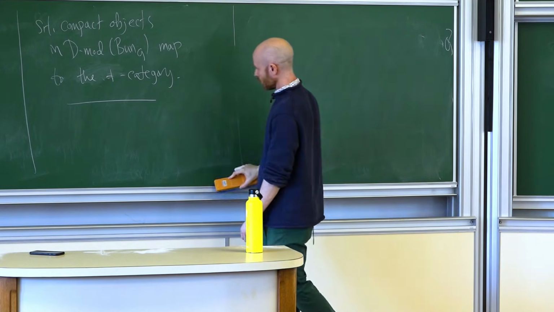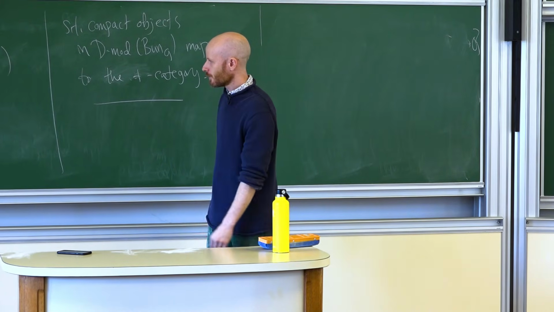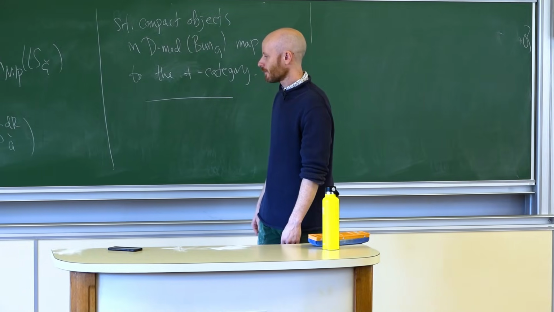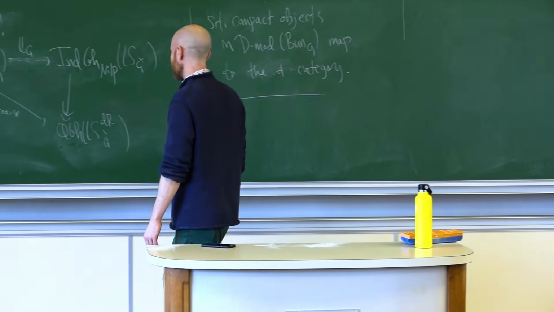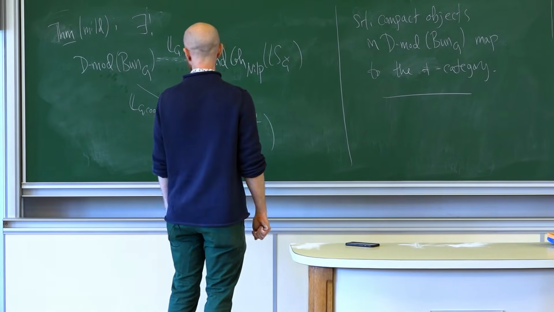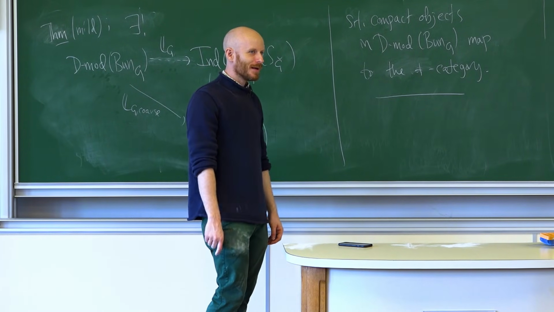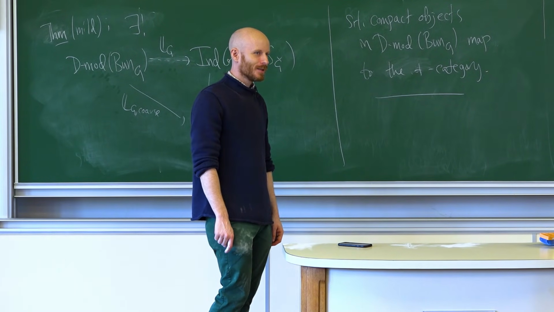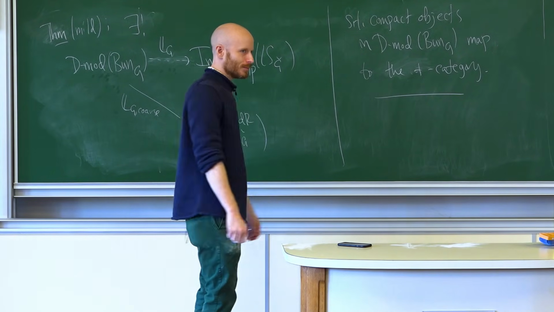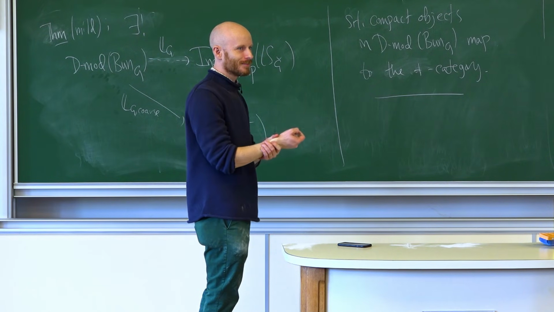So for which class of stacks can the compacts be described as bounded below objects? Wait, you mean as... Oh, sorry. I mean, as a sub... Sorry, what do I want to say?